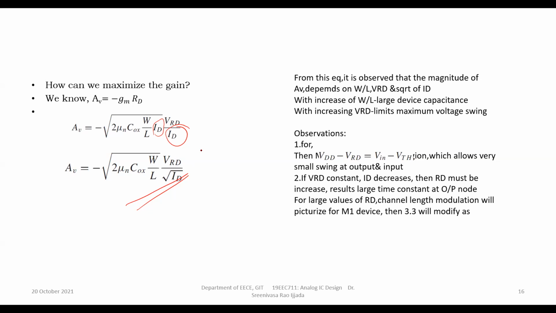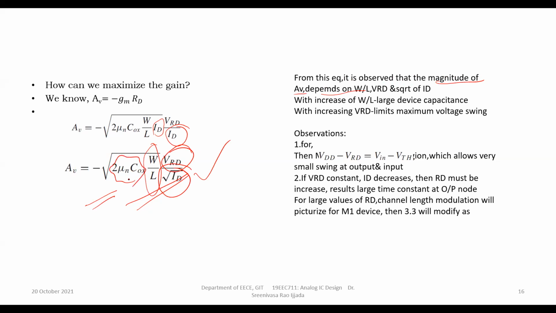From this equation you can observe that the magnitude of the voltage gain AV depends on W by L, ID, square root of ID, and the voltage across the resistor. Let us say all these are constants.